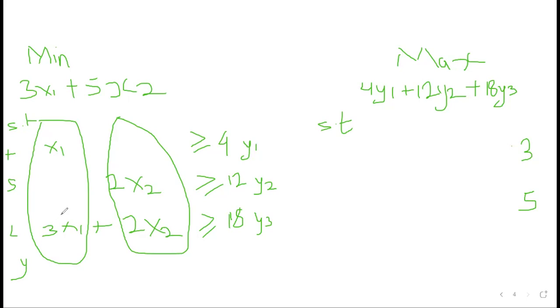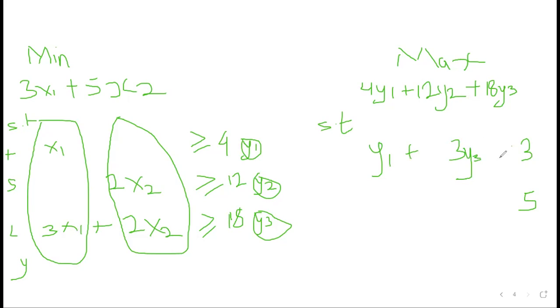Please, do you see it? So any x's that you see on this row, you replace them with the y's here. So for this constraint, it's going to be y1 plus 3y3. Remember, we are replacing the x's with their respective y's.